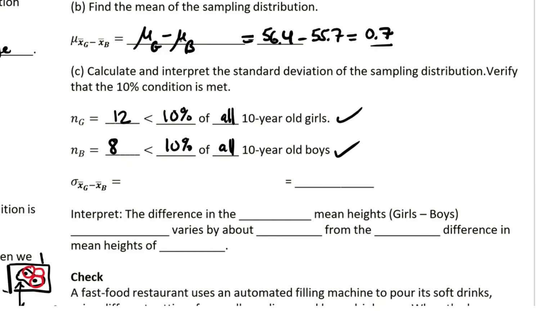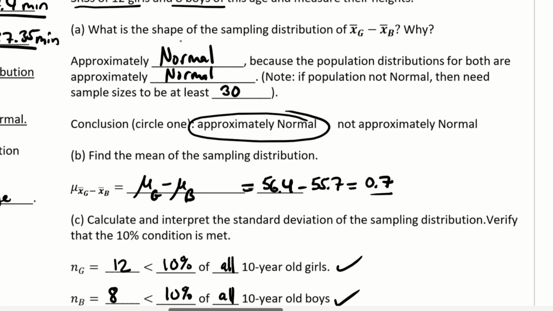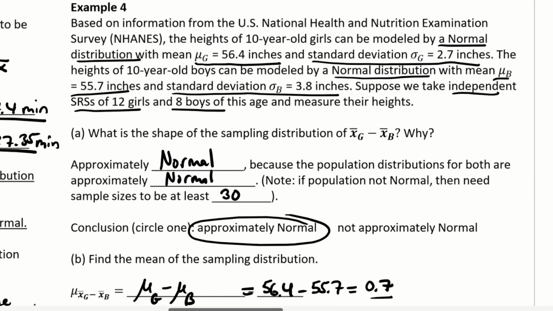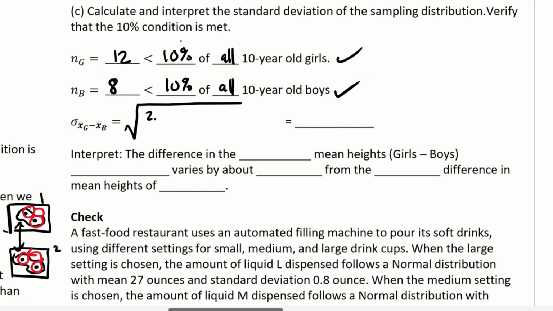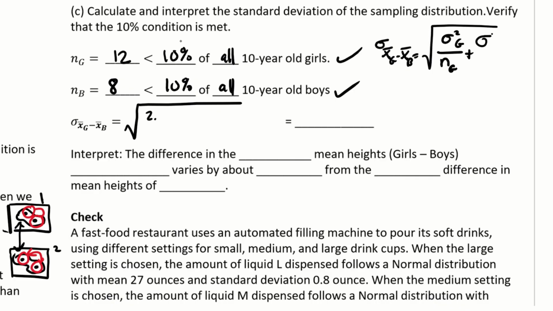Therefore, we can use the standard deviation formula. So let's apply it. It's a square root. The standard deviation for girls was 2.7, for boys is 1.8. Let me just write the formula over here: square root of sigma squared g over n g plus sigma squared b over n b.